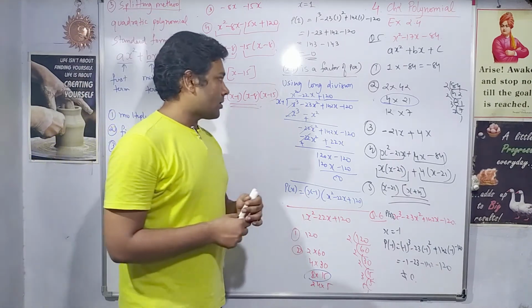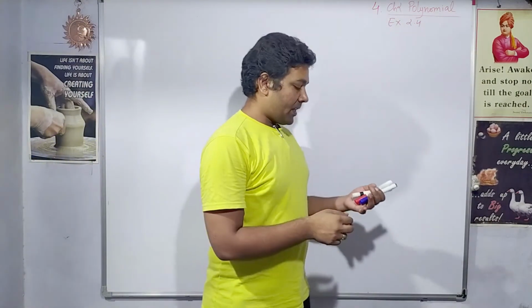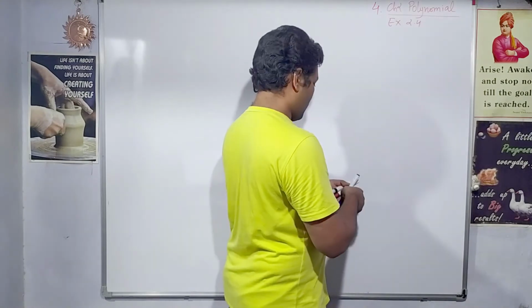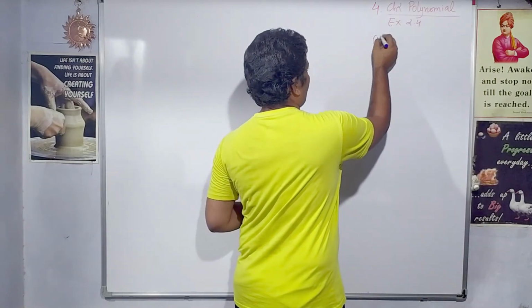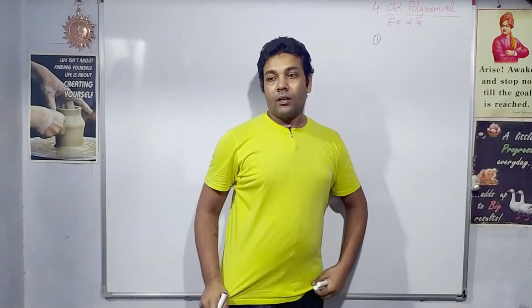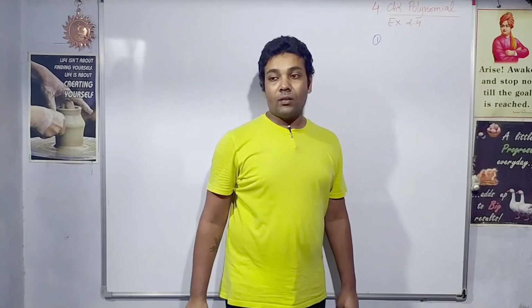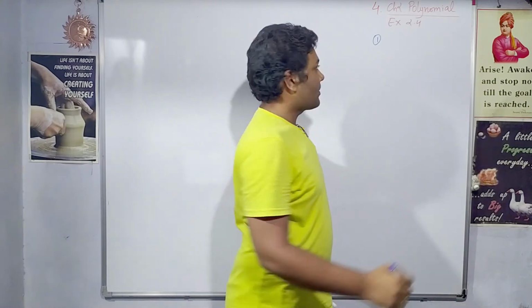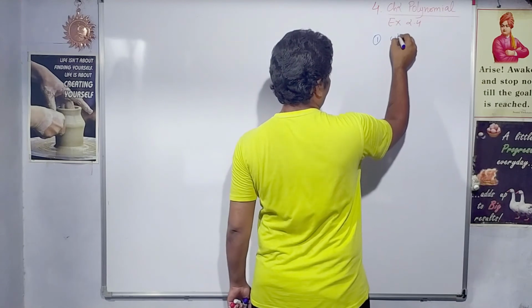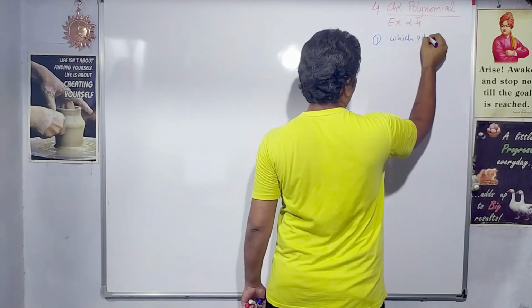Now let us see questions from the exercise. From exercise number 2.4, the first question we have is: determine which of the following polynomials has x plus 1 as a factor.